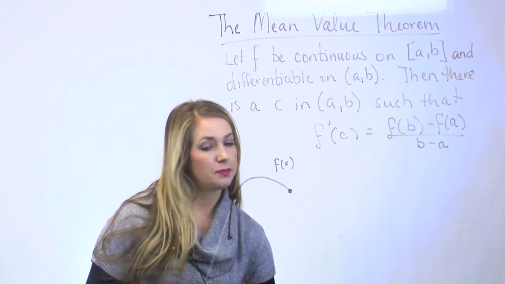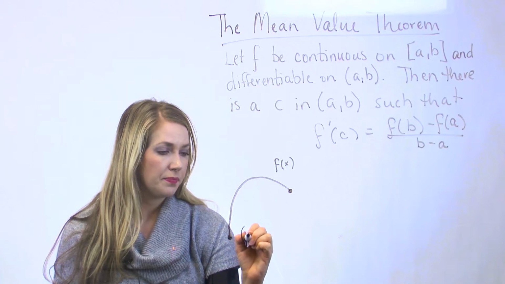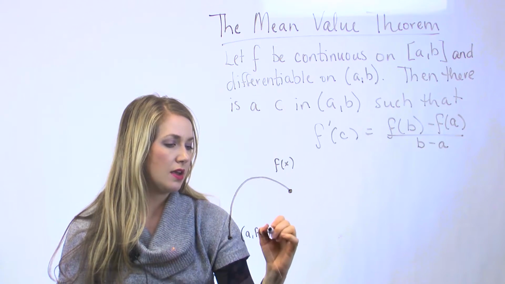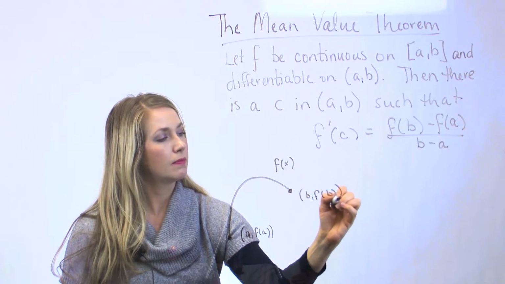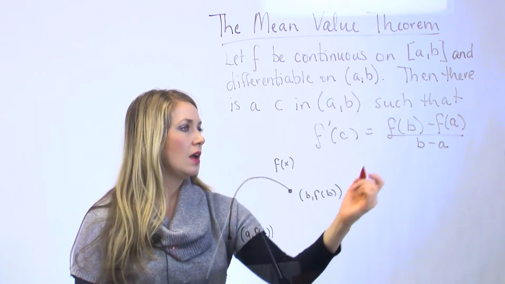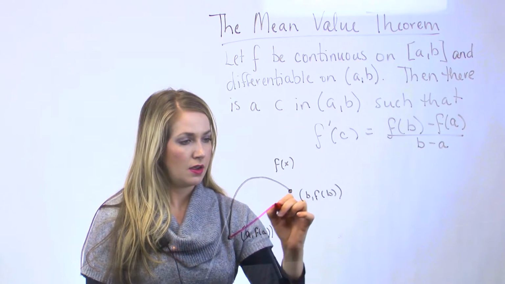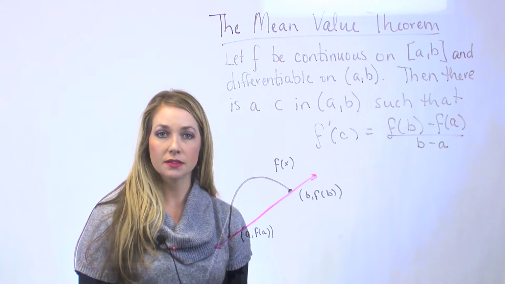So for instance, if this point right here were a, f of a, and this point right here were b, f of b, then the right-hand side of this equation represents the slope of this red line, the line that connects those two points.